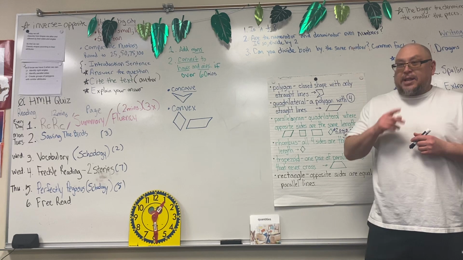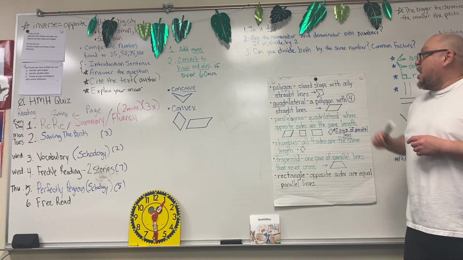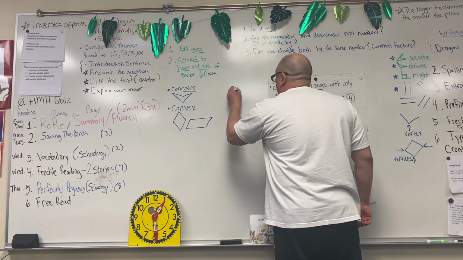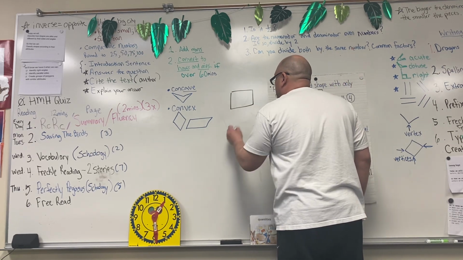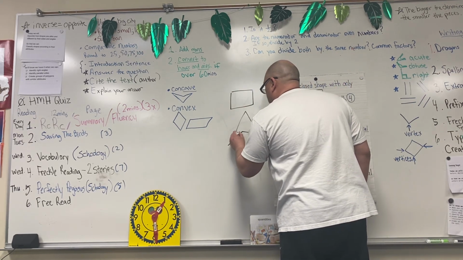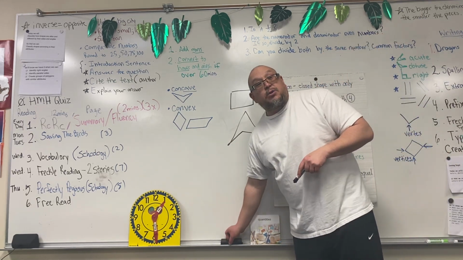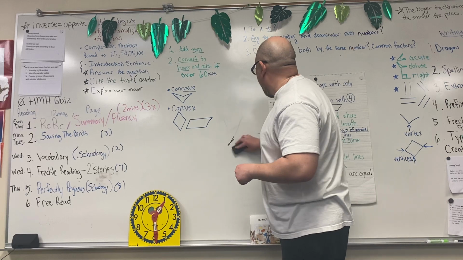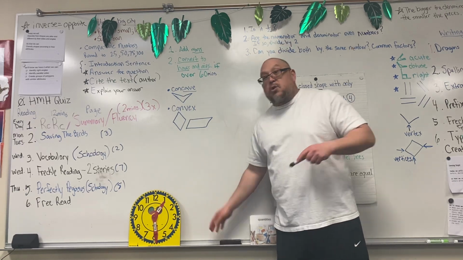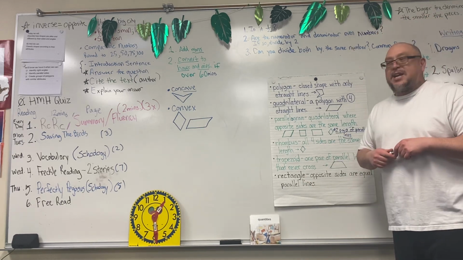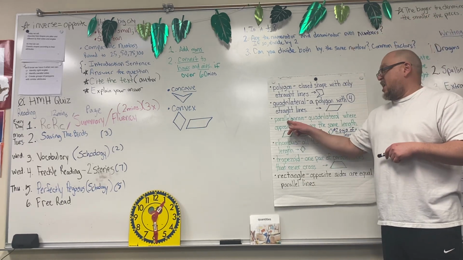It's actually a polygon with four straight lines. It doesn't matter what it is, as long as it has four straight lines and it's a closed shape. No curved lines, no lines that don't close. All right? Okay.